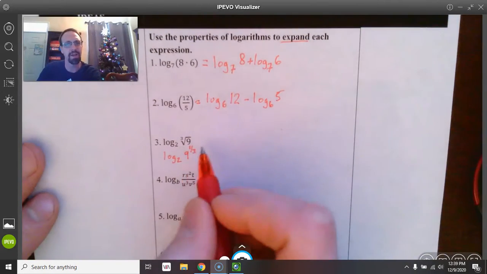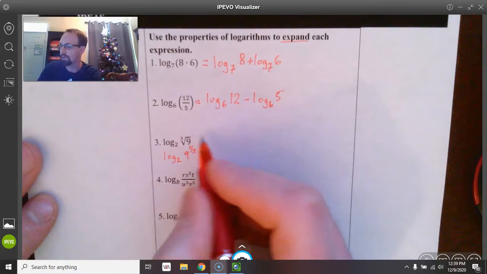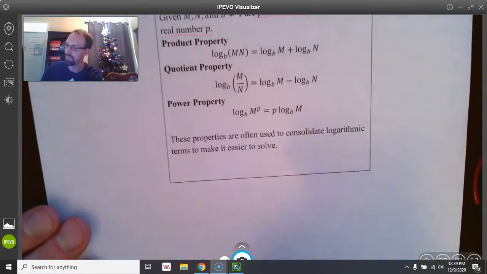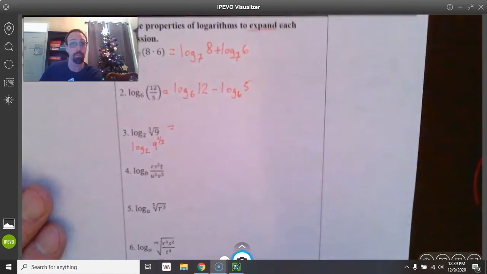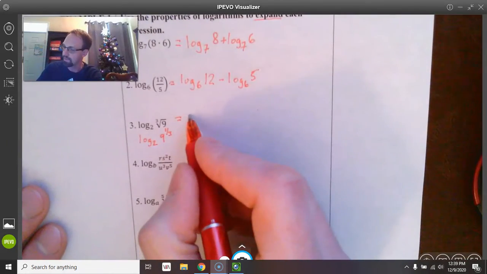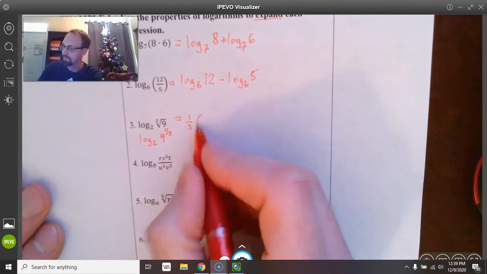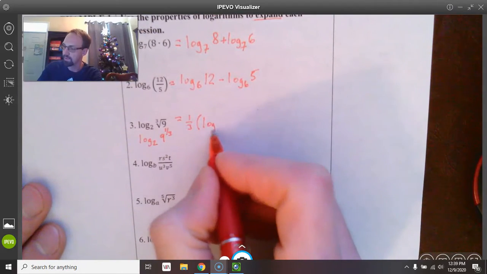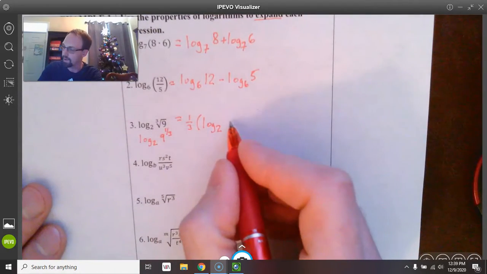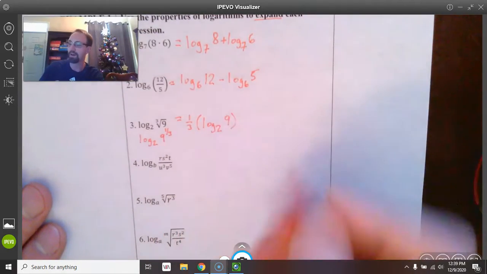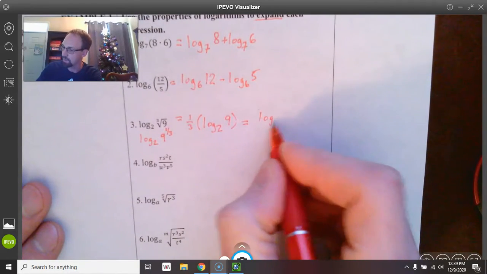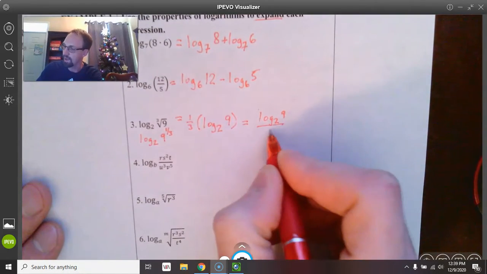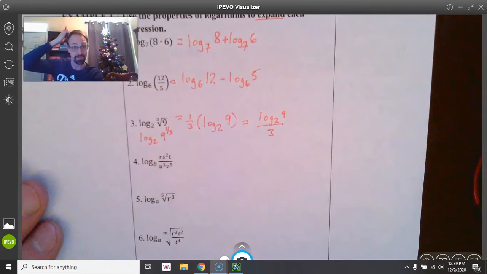Now, why would I be talking about 9 to the 1/3 power? Well, this property is actually using the power property. Remember that when we raise something to a power, we can bring it out in front. So this is the same as 1/3 times log base 2 of 9. Now, I note that because this is the same as log base 2 of 9 divided by 3.